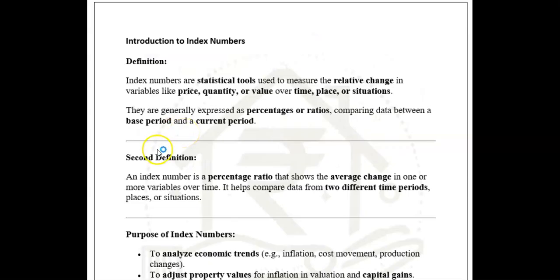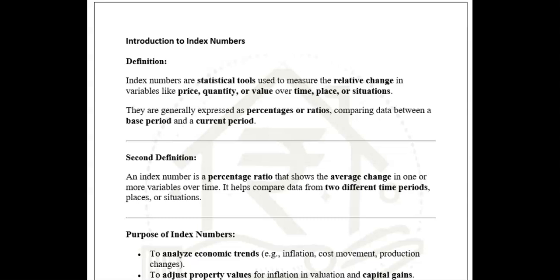Index number. Definition of index number: index numbers are statistical tools used to measure the relative change in a variable like price, quantity, or value over time, place, and situation.